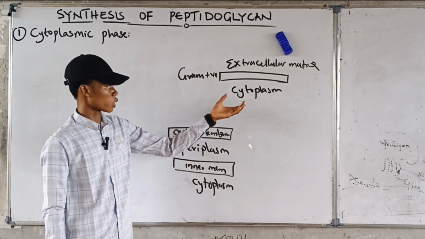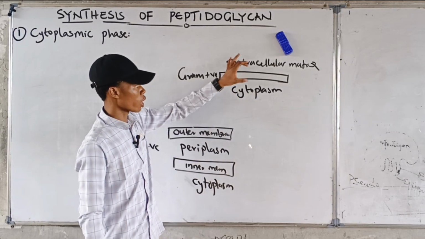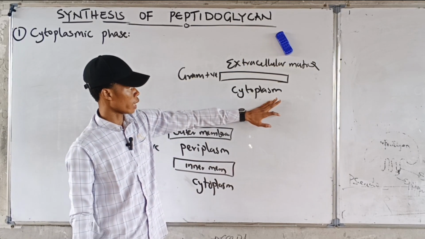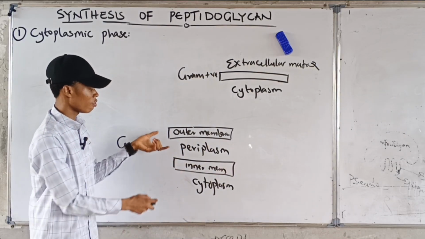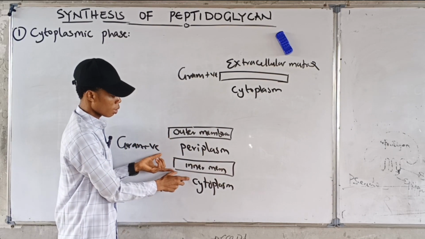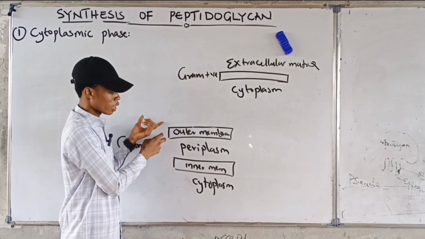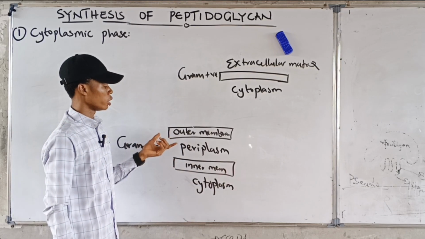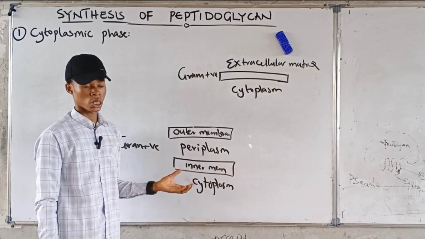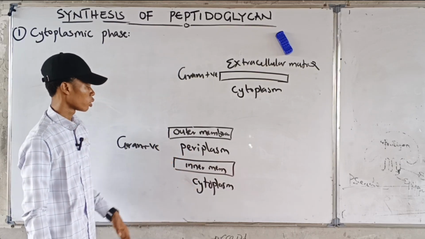So, gram-positive bacteria have just 1 membrane, then this is the cytoplasm, and this is the extracellular matrix. While gram-negative bacteria have a double membrane, the inner membrane and the outer membrane, and the space between them is called the periplasmic space or periplasm. Good.